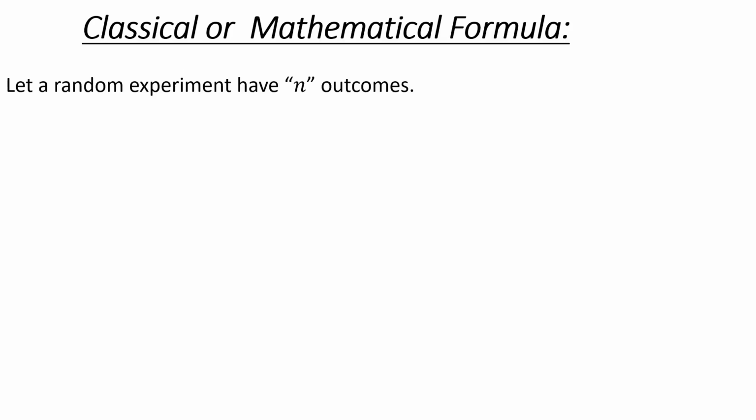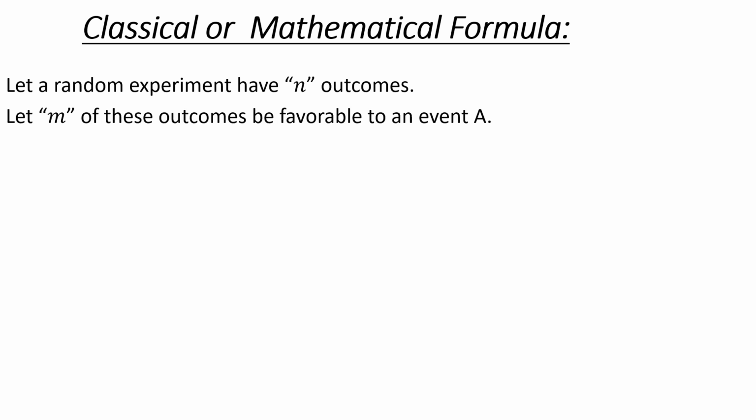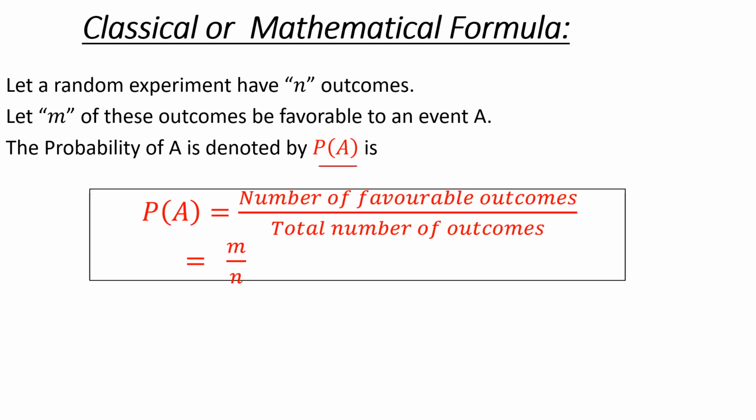Classical formula to find probability. If a random experiment has n outcomes and if there is an event A with m favorable outcomes, then the probability that the event A will occur, denoted by P of A, is given by P of A is equal to m divided by n.